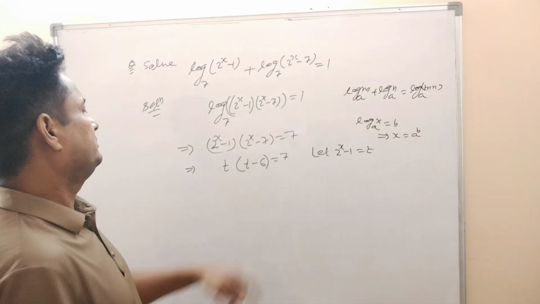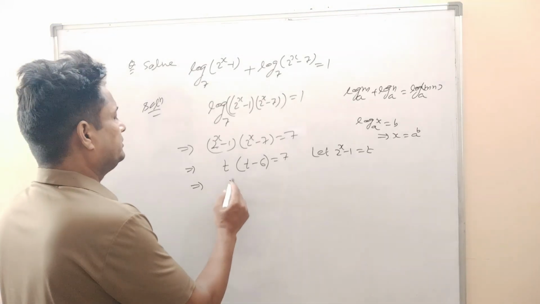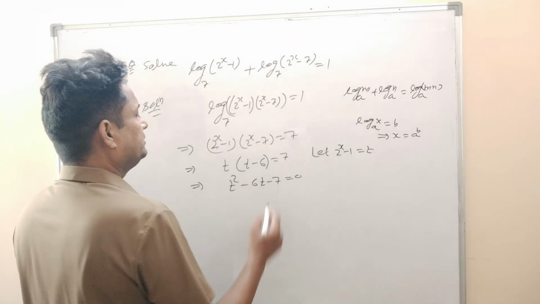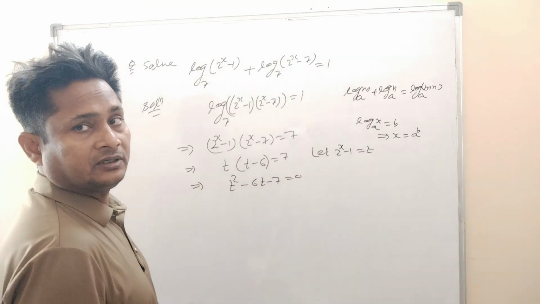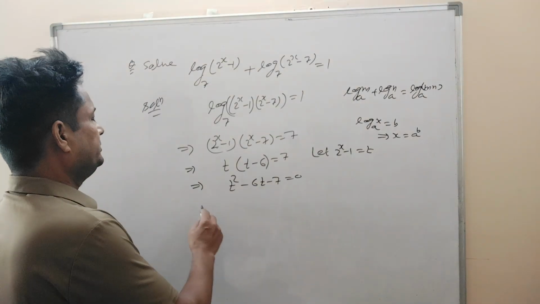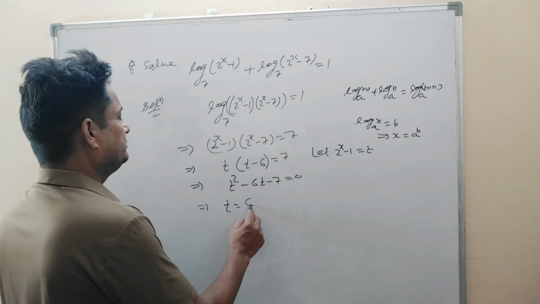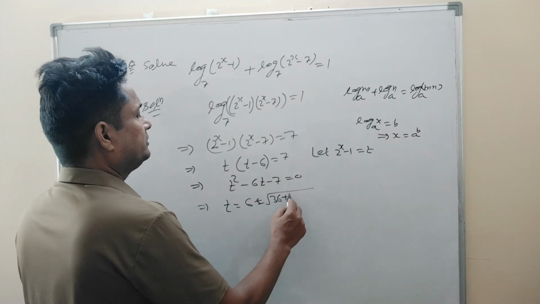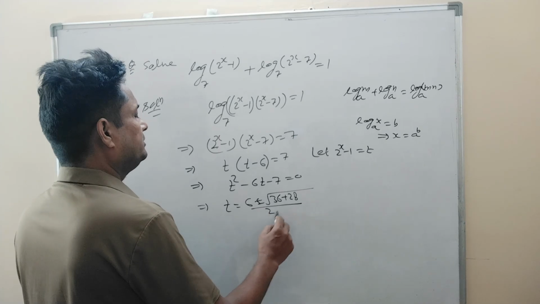So now this will be t square minus 6t minus 7 is equal to 0. So what will be the solution from here? This will be t is equal to 6 plus minus under root b square minus 4ac divided by 2.